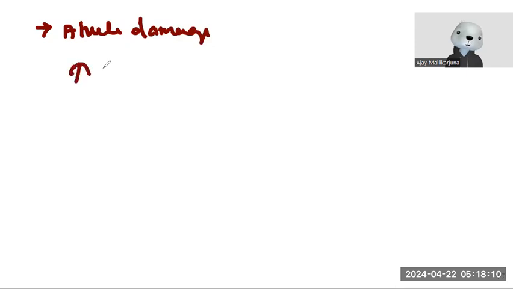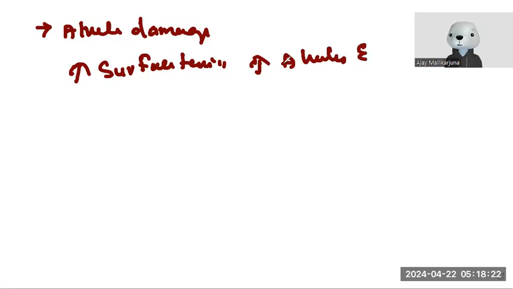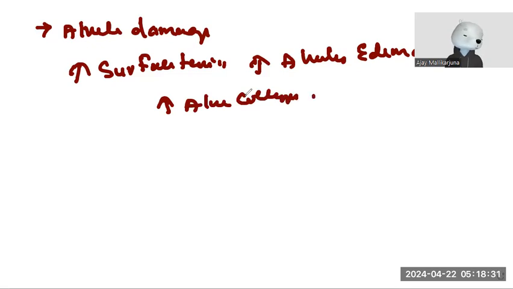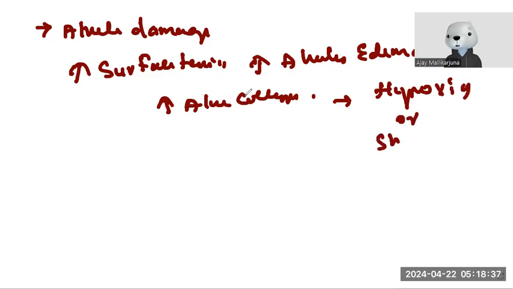So there will be an increase in the surface tension. Surface tension is increased. Finally, alveolar edema. So finally, alveolar collapse will happen, which leads to hypoxia or shortness of breath, that is SOB or dyspnea.